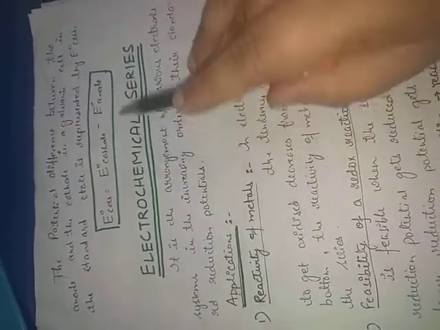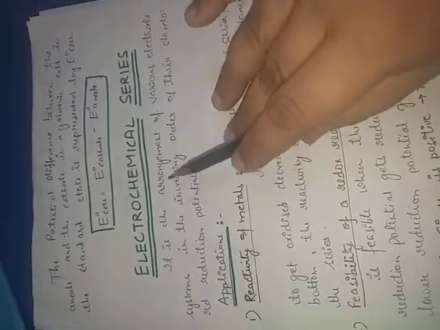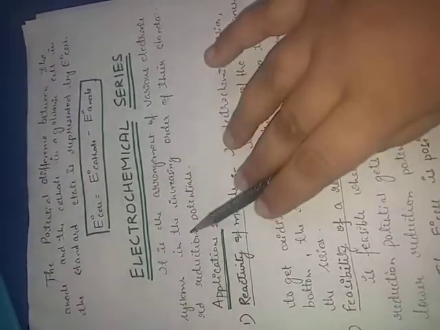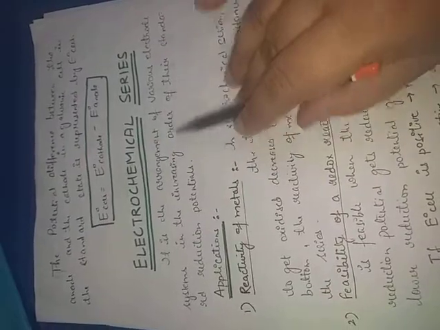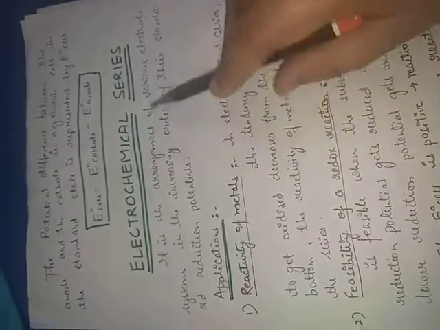Now, the electrochemical series. We know that it is the arrangement of the various electrode systems in increasing order of their standard reduction potential. Keep this point in your mind.